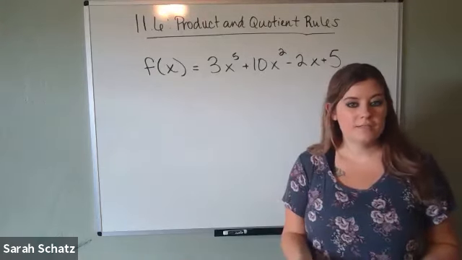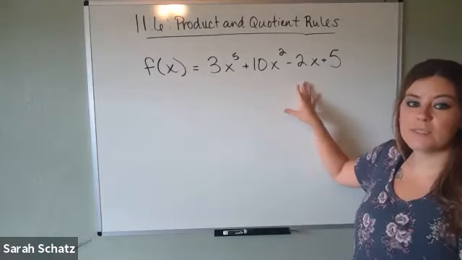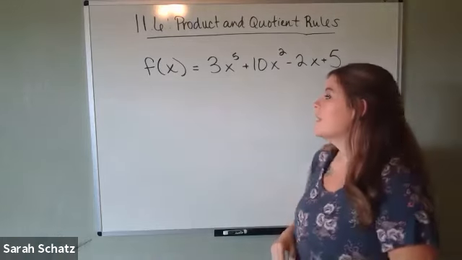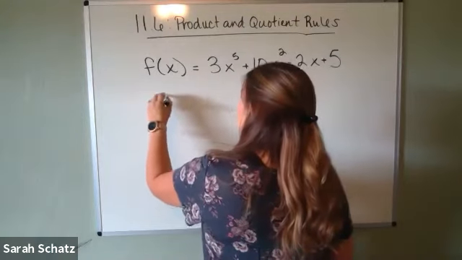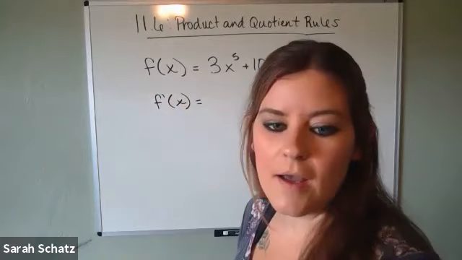So what we learned last time was that we could take the derivative of each of them separately and just leave the operations in there. So that was nice, and we can absolutely do that. So let's go ahead and do that. Do a little power rule review.